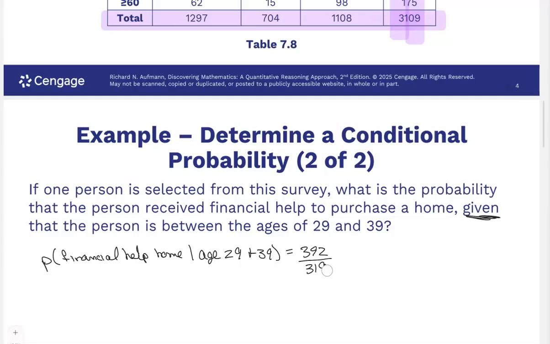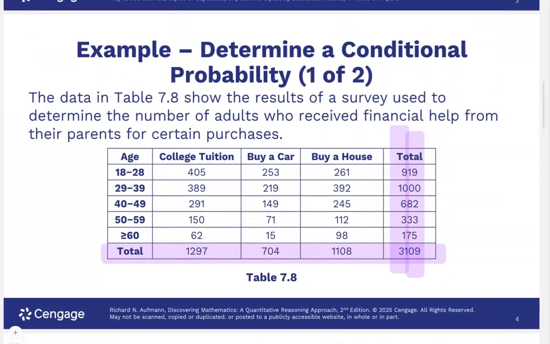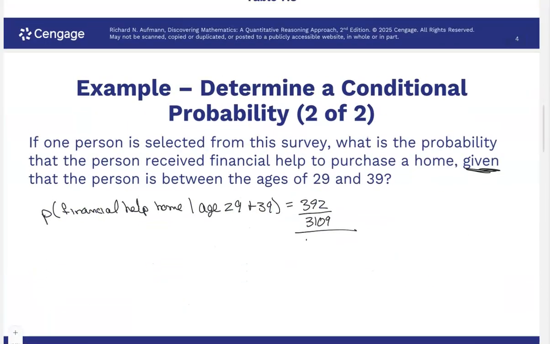3109, excuse me. So the probability of A and B over the probability of A. The probability that someone was in that age group would be 1,000 out of the 3109. The way we divide fractions, we could think about that big division bar as writing it that way.